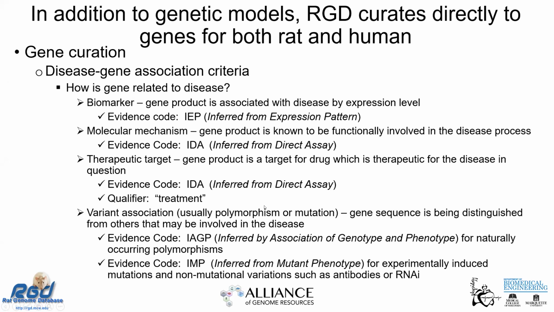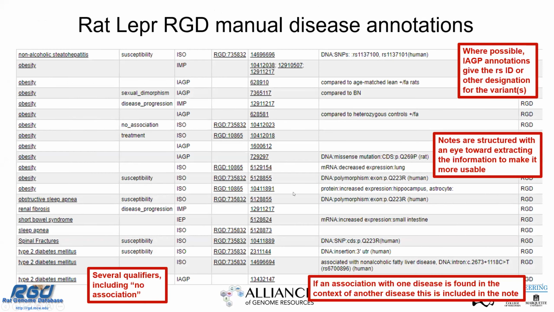So given that, I will show you some of the disease annotations for the rat Lepr, and this is only a subset. There are actually quite a few more. And you can see you've got several qualifiers, including no association. In this case, this is actually the human gene.